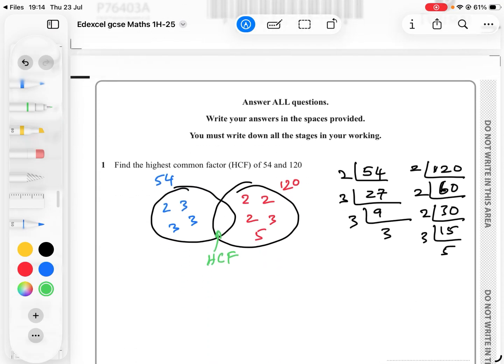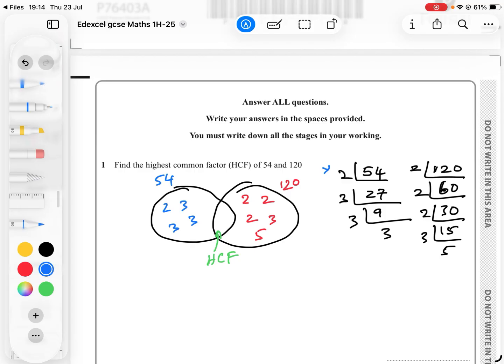The first question is: find the highest common factor, HCF, of 54 and 120. First, find the prime factors of 54. To do that, divide by 2 first: 54 is 2 times 27.